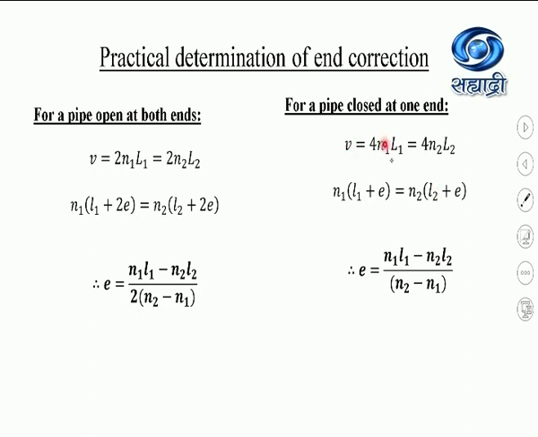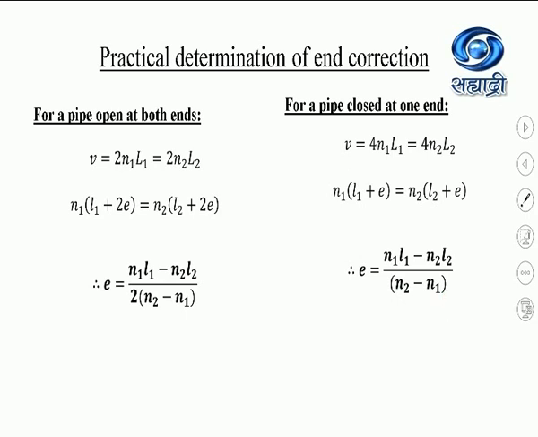So V equal to 4N1 L1 equal to 4N2 L2. Substituting capital L1 as small L1 plus E, capital L2 as small L2 plus E. Now by solving this equation, we can get end correction equation, which is E is equal to (N1 L1 minus N2 L2) upon (N2 minus N1).